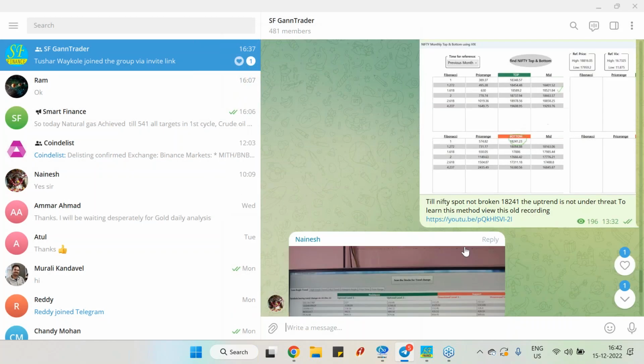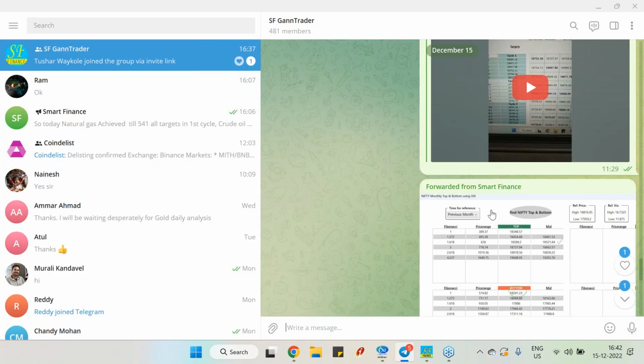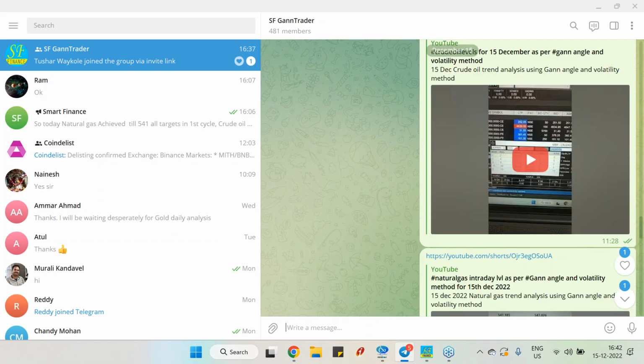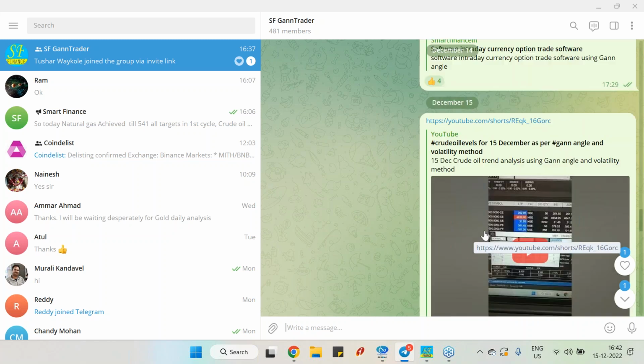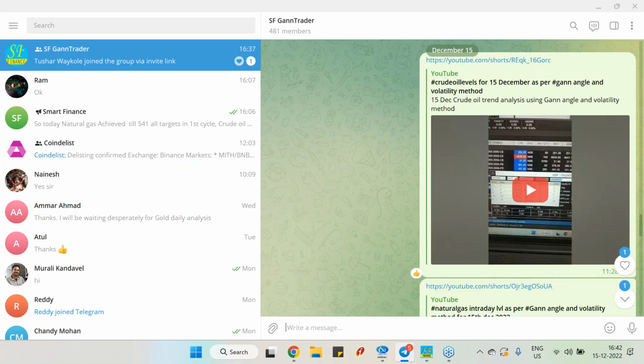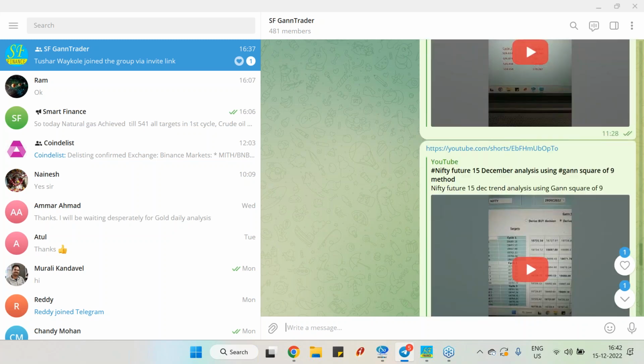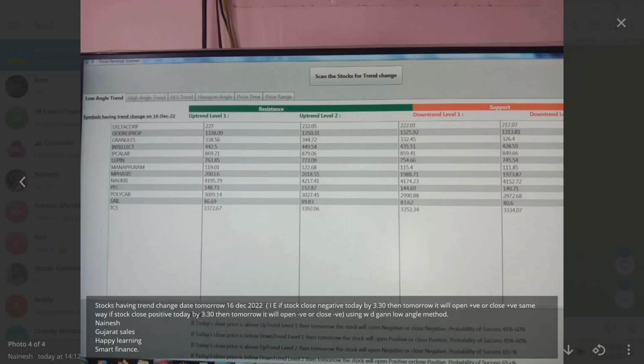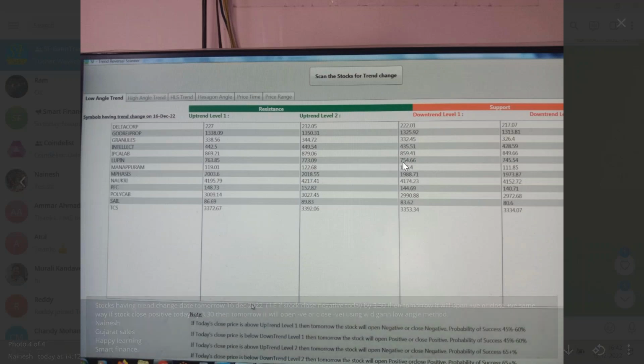Every morning, I am giving you these levels where the market should stop. You can see here, I am giving natural gas based on the Gann angle method, and Nifty analysis based on the Gann square of 9 principle, and which stocks are going to have a trend reversal date tomorrow.